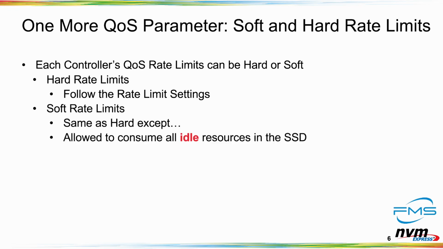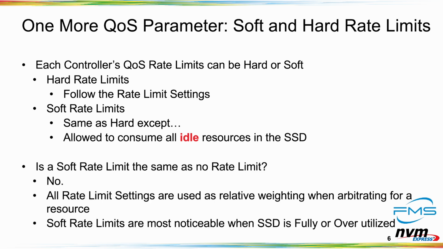For soft rate limits, they're sort of the same, but when there are idle resources available within the drive, then this particular controller is allowed to consume all the idle resources, which can be a more efficient usage of the SSD. So one might say, is soft rate limiting the same as no rate limiting? And no, they aren't the same.